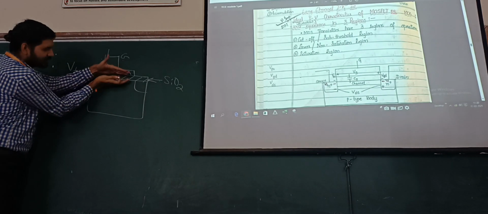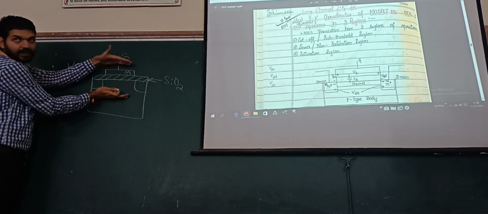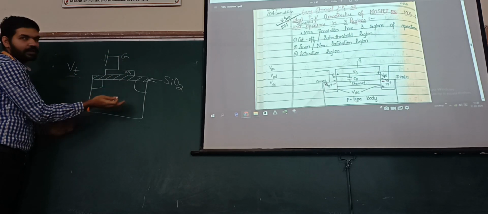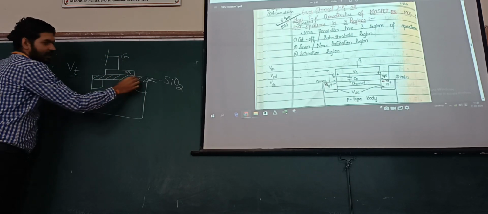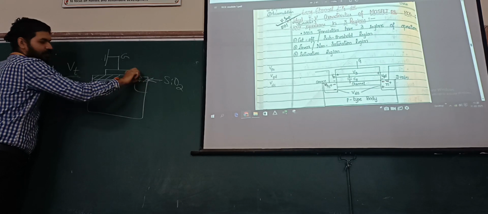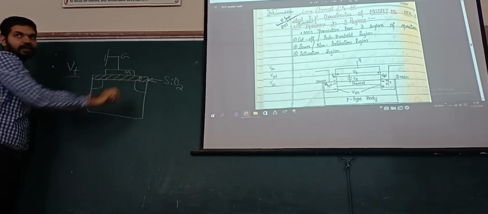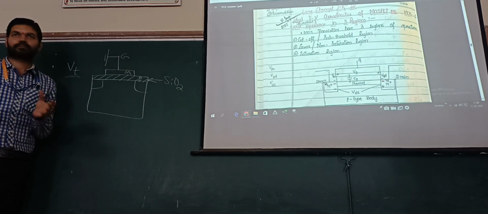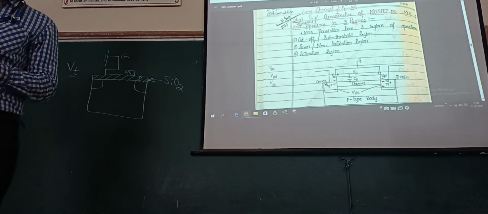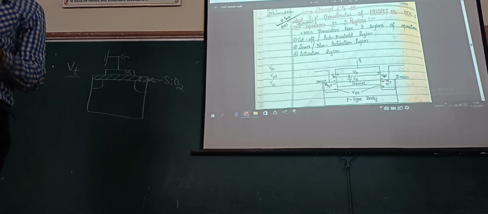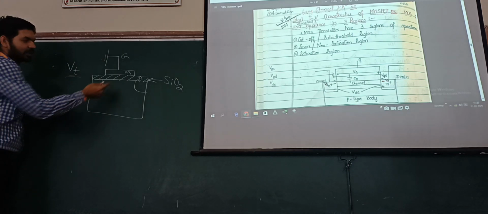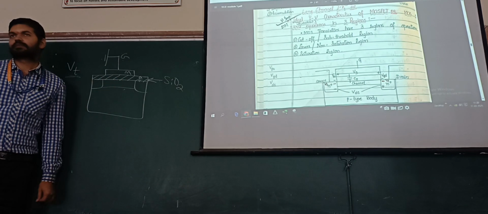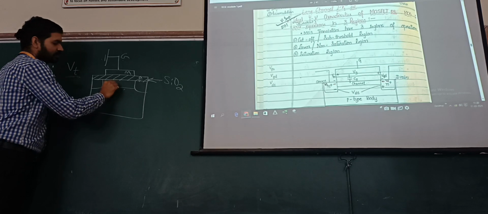If you increase the width between metal and semiconductor, or indirectly, if you increase the thickness of the SiO2 layer, then the field becomes weaker. And that field itself is responsible for channel formation, because it attracts the electrons.